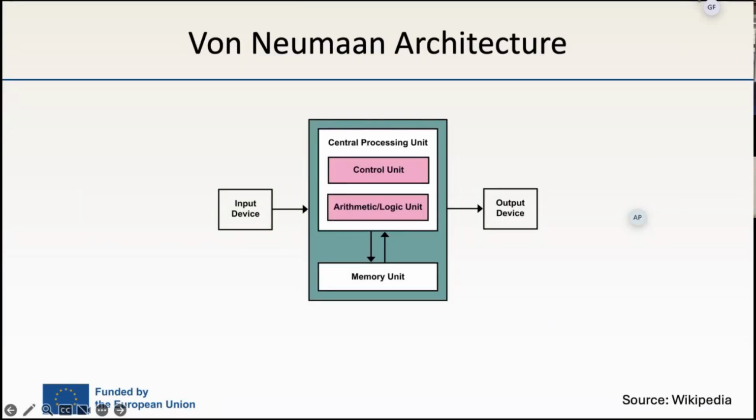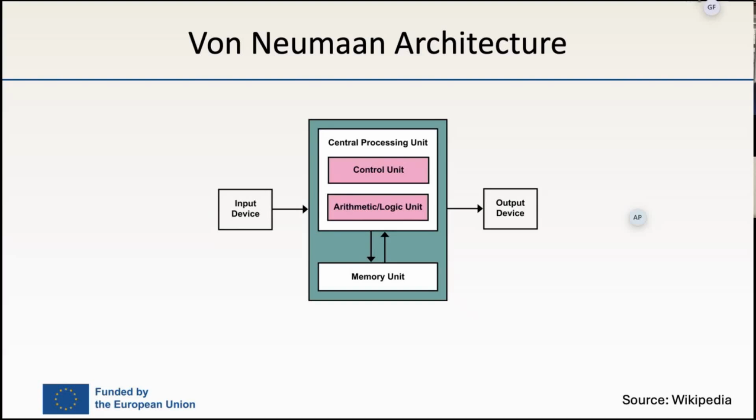I'm going to start by talking about von Neumann architecture. Almost all the computers you see today are of von Neumann architecture, where they have 3 parts. One is an input device and an output device, and these devices are connected using a processing unit, which can be of different types, but basically is bifurcated into 2 parts, one for processing and one for memory.